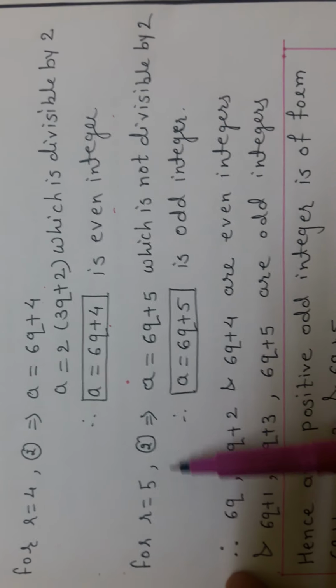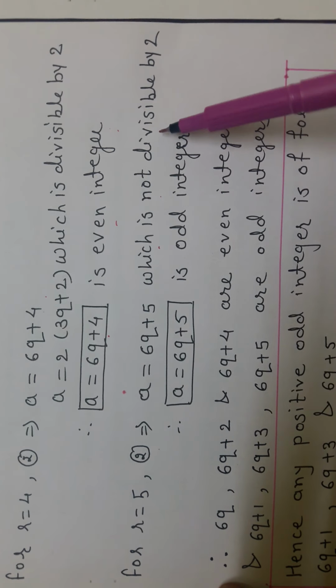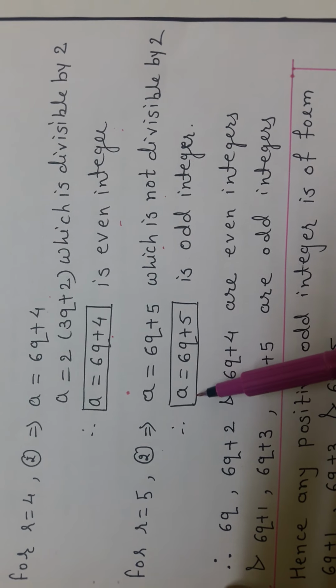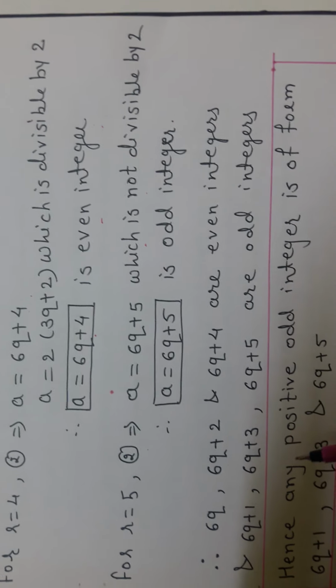For r is equal to 5, 2 implies a is equal to 6q plus 5, which is not divisible by 2. So a is equal to 6q plus 5 is an odd integer.